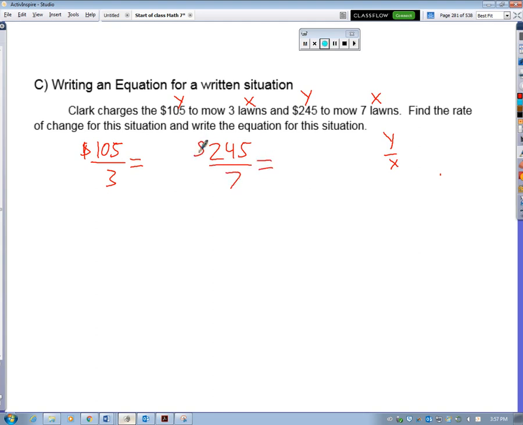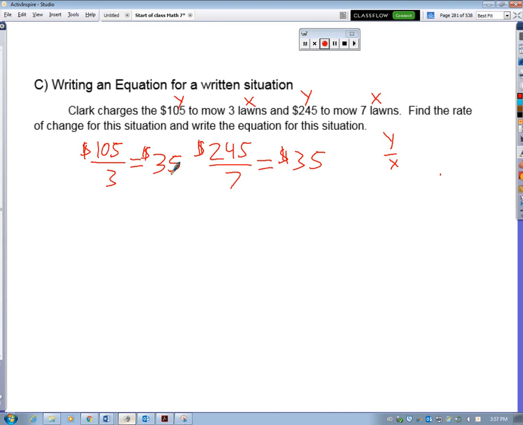Okay, and if you calculate that out, do your division, you're going to come up with $35 for each one of these. Alright, that was how much Clark is charging to mow a lawn. This is his rate of change. $35 a lawn is what his price is if he was going to mow a lawn.